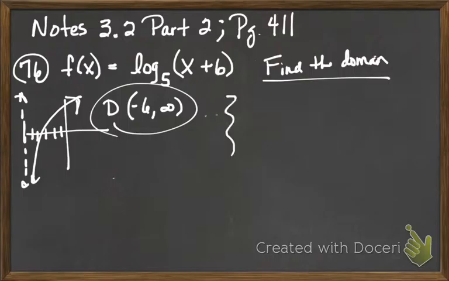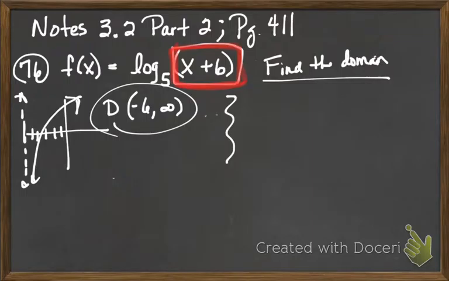Another way you could do this algebraically without the graph is the definition of a log, which says this value that I'm highlighting, if we go all the way back to our notes, must always be greater than 0.